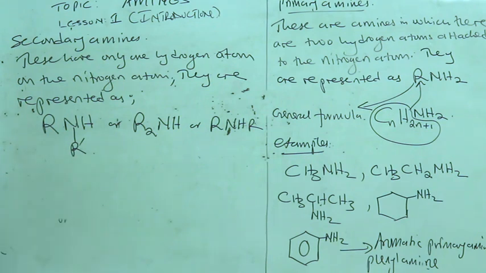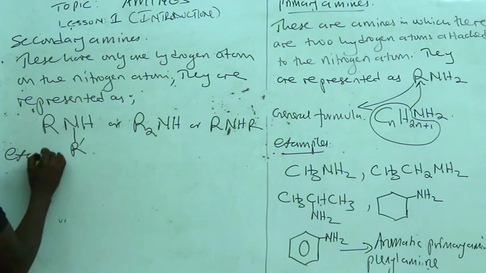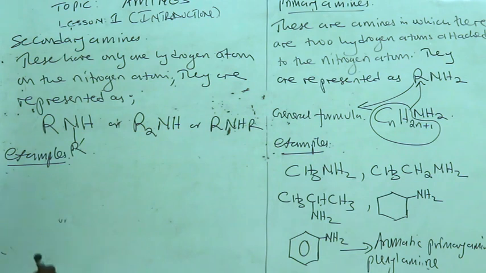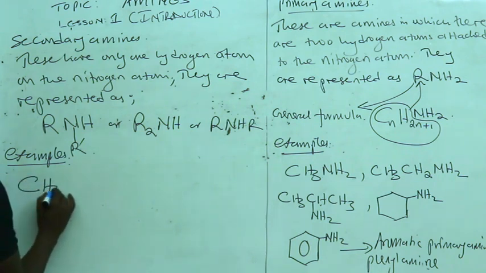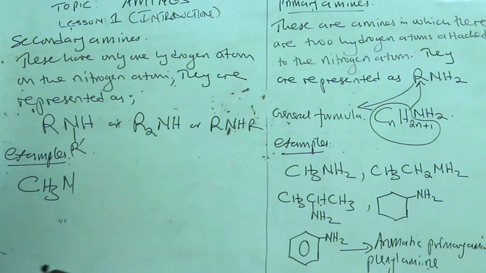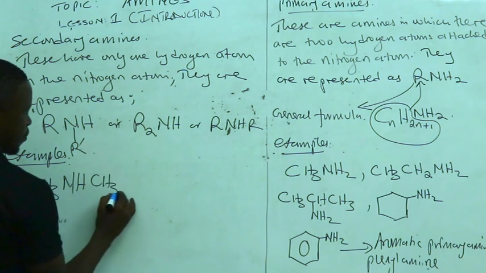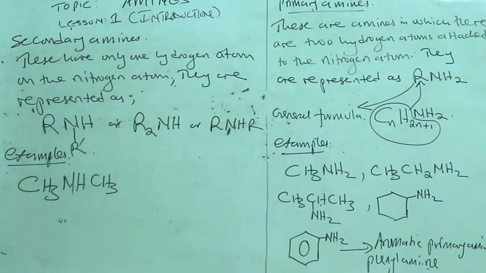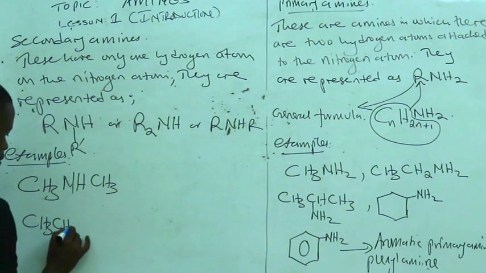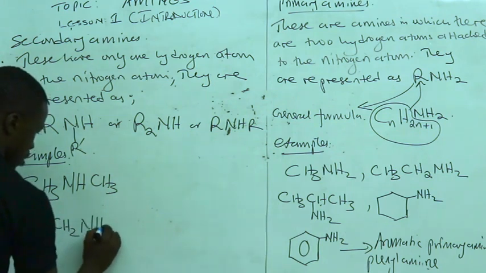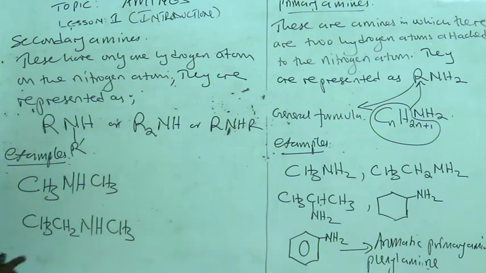This is the representation of secondary amines. Examples of secondary amines in terms of structure: you would have CH3NHCH3. This is a secondary amine. If I had CH3CH2NHCH3, this is a secondary amine.